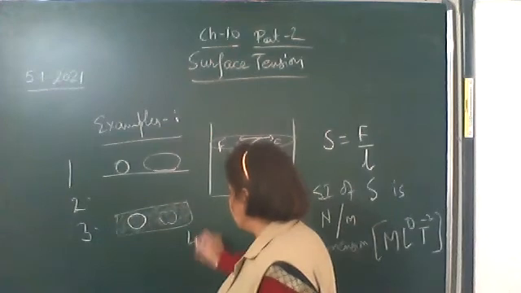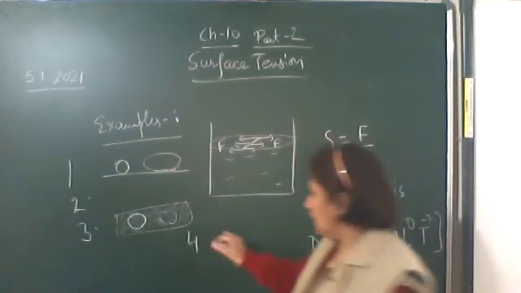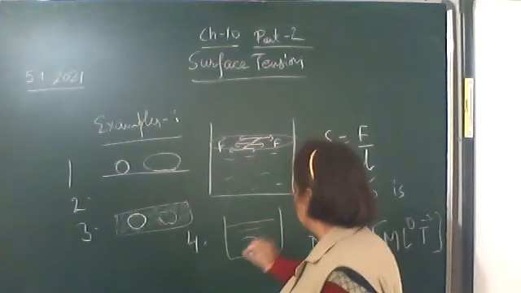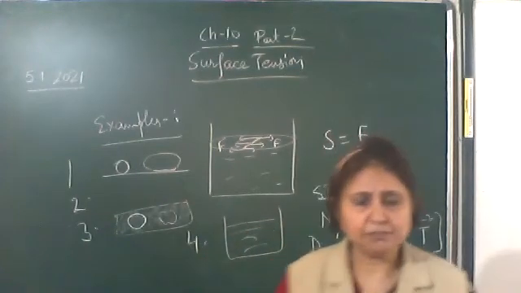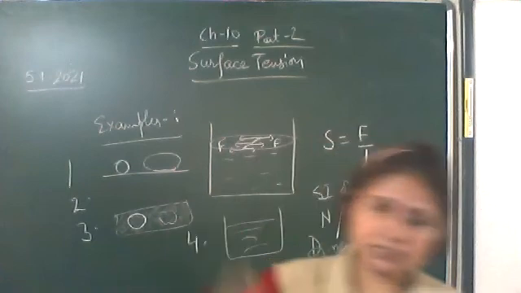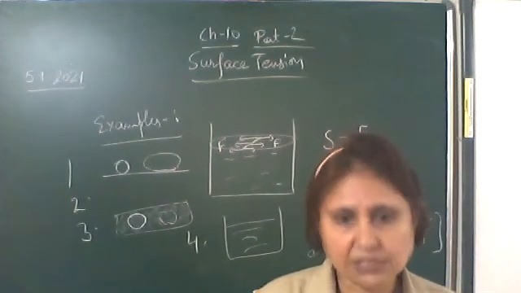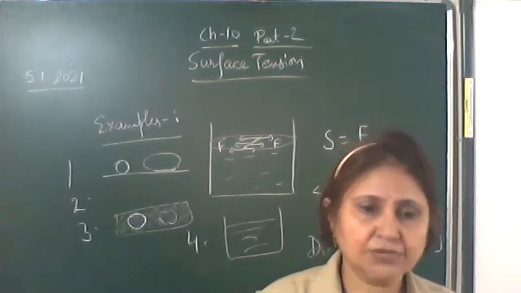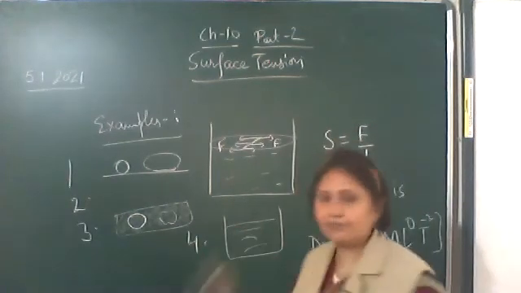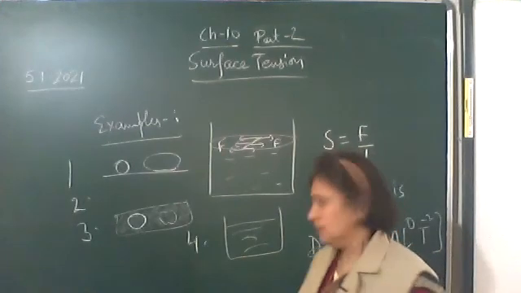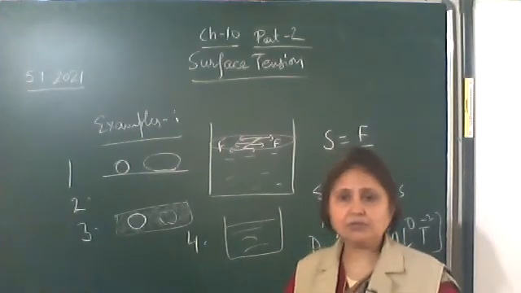One more example we can discuss: a greased needle. A needle made of iron, when kept on the water surface, if it pricks the water surface, will sink inside because its weight is greater than the buoyant force. We have already studied that iron will sink inside water.